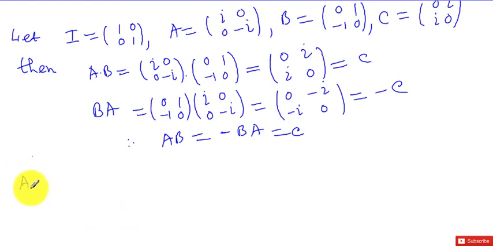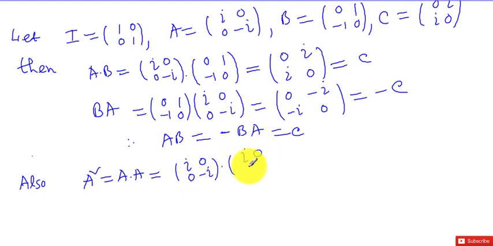Also, A square is equal to A into A. This is equal to [[i,0],[0,-i]] into [[i,0],[0,-i]].